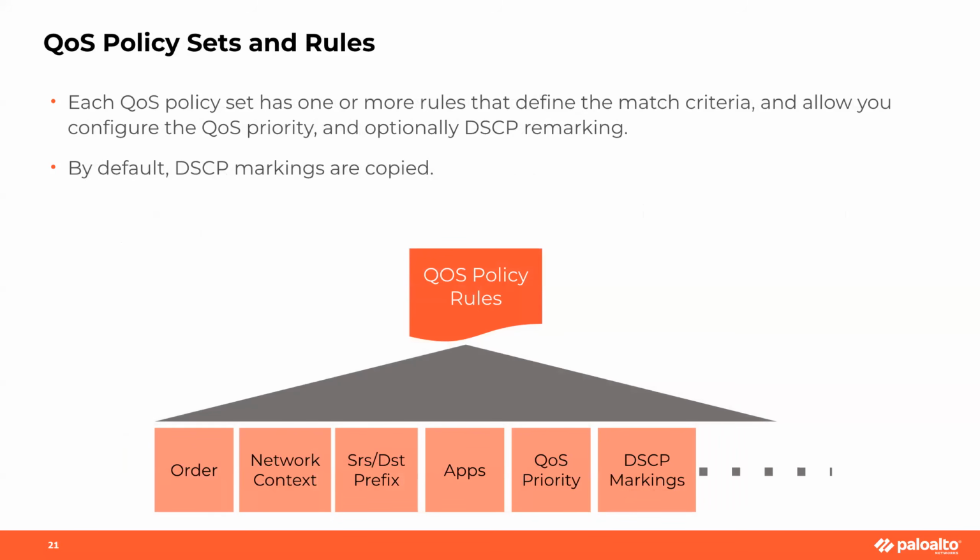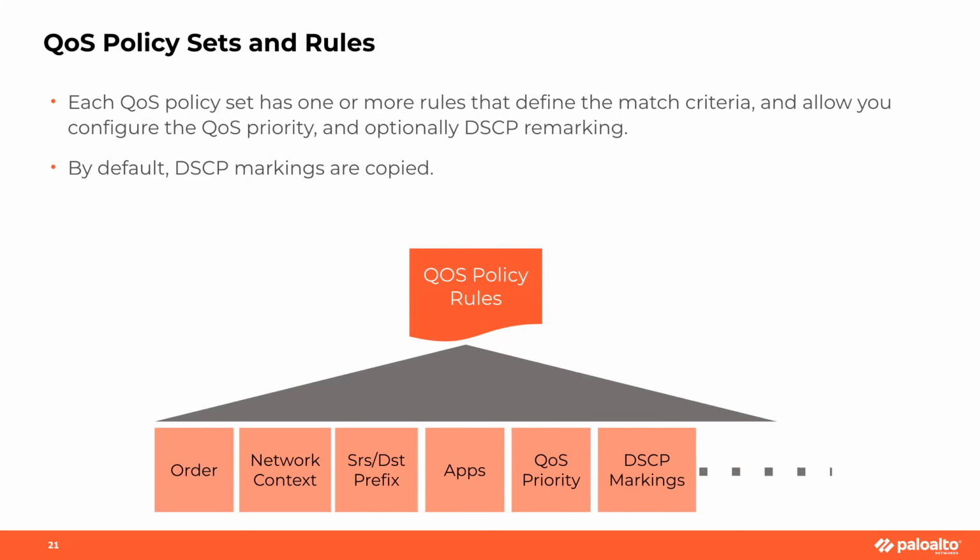So for QoS policy sets and rules, a QoS policy set again has one or more rules with specific match criteria. These are going to be very similar match criteria to the path policies. So we have an order, a context, source and destination prefix, applications, but the action is different for a QoS policy. We have 4 main QoS buckets that we can put the traffic into: platinum, gold, silver, and bronze.